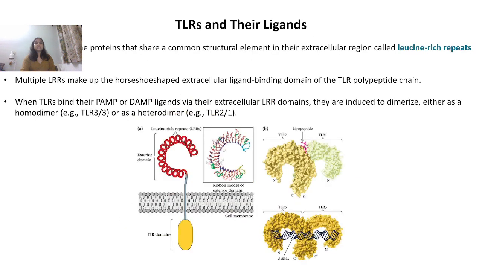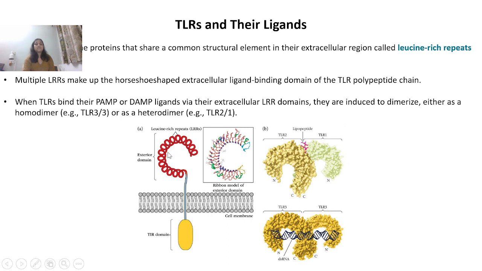TLRs are membrane proteins that share a common structural element in their extracellular region called leucine-rich repeats. So these TLRs are rich in leucines, and they have these leucine-rich repeats in the extracellular region. Multiple LRRs make up the horseshoe shaped extracellular ligand binding domain of the TLR polypeptide chain.